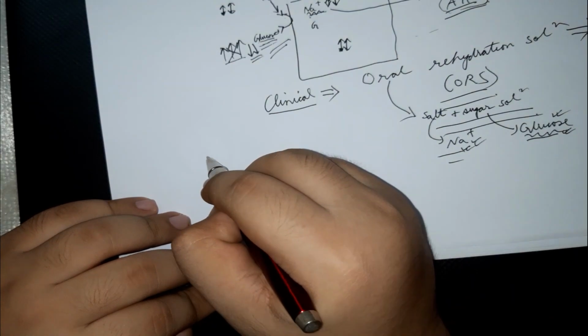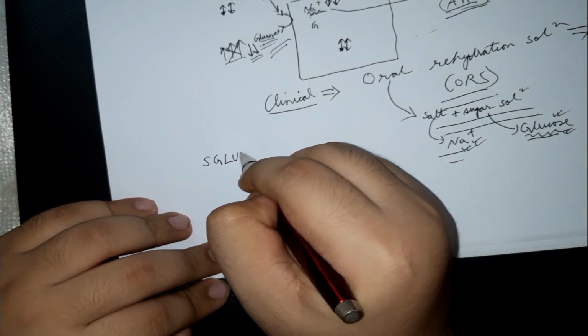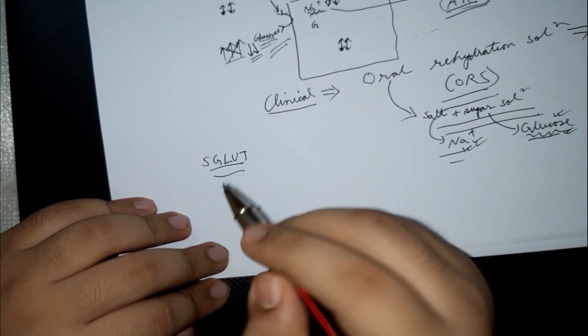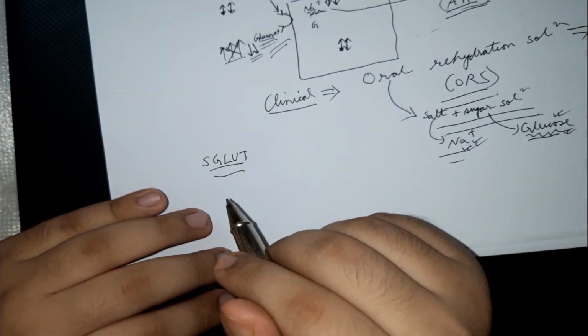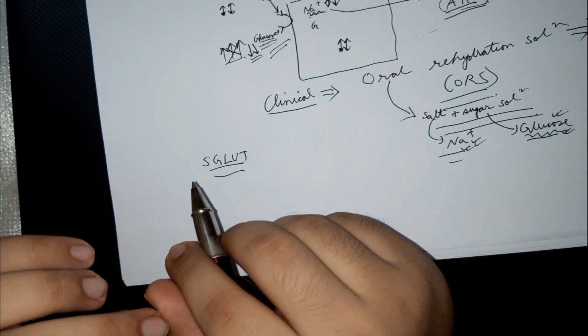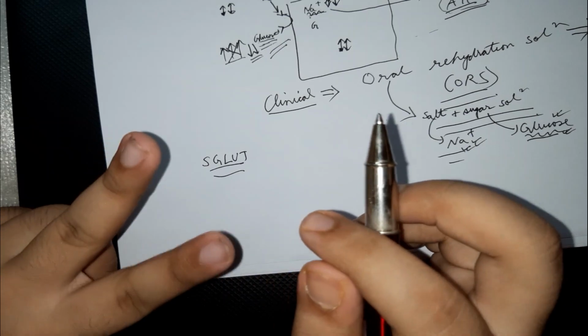Now, SGLUT is obviously a transmembrane protein and a transporter, but it has two forms. So there are two kinds of SGLUT.